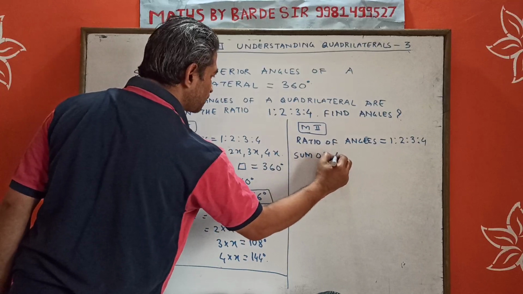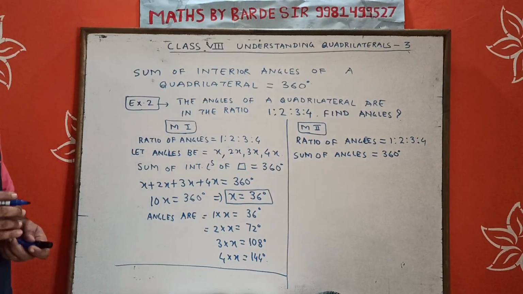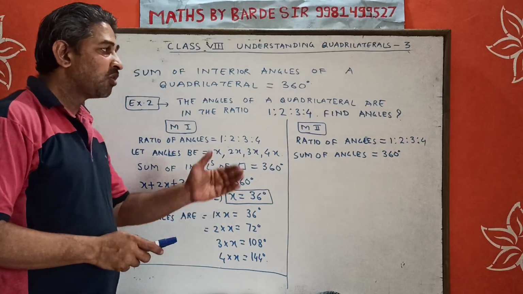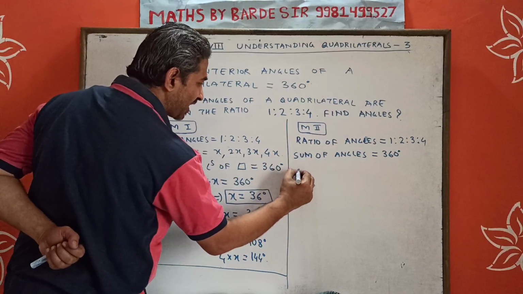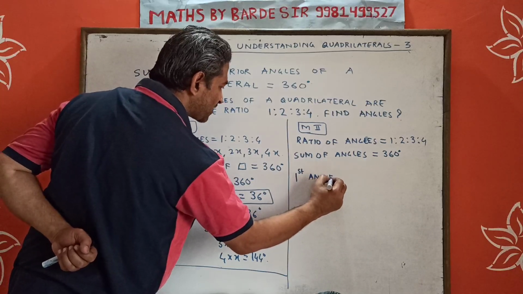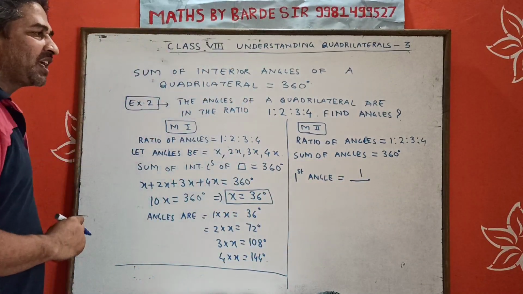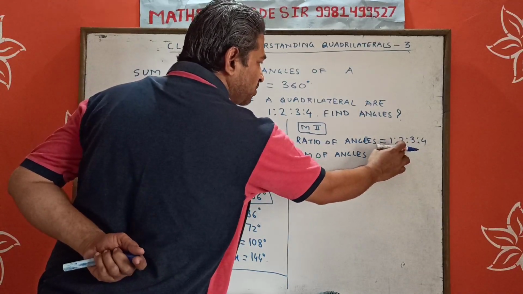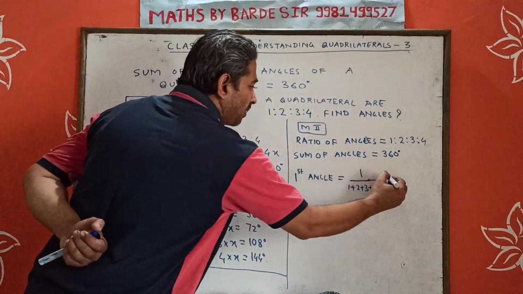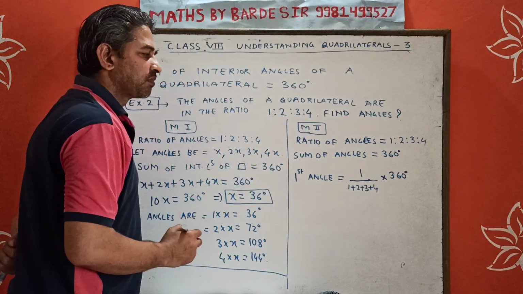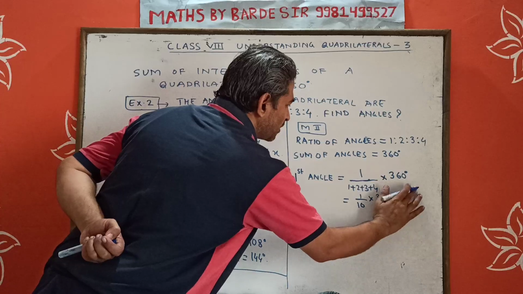Sum of angles is 360 degrees. This means we have to divide 360 degrees in the ratio 1:2:3:4. Very simple concept. The first angle will be 1 part out of the total, here 4 plus 3 is 7, plus 2 is 9, plus 1 is 10, that is 1 + 2 + 3 + 4, multiplied by the sum 360. That will come out to be 1/10 into 360, which is 36 degrees.